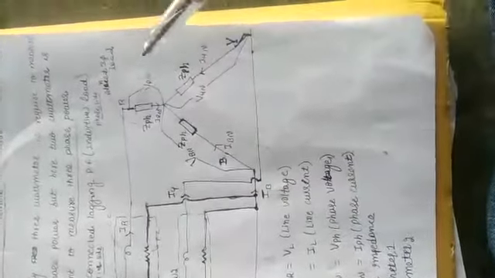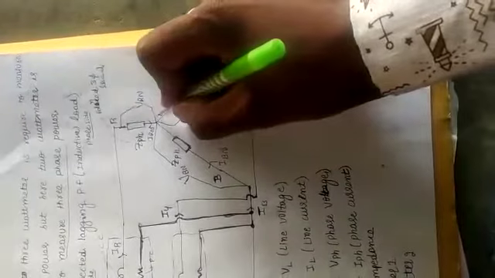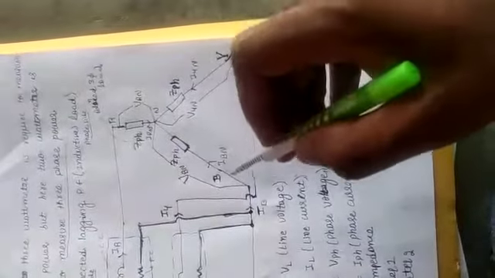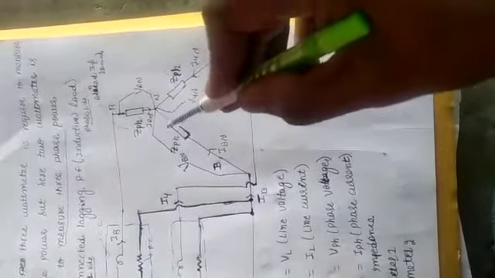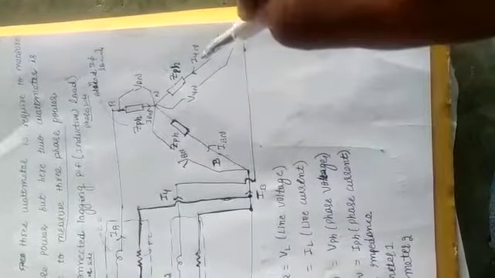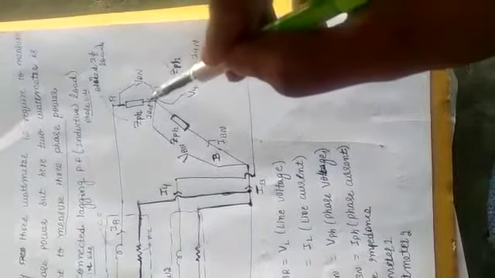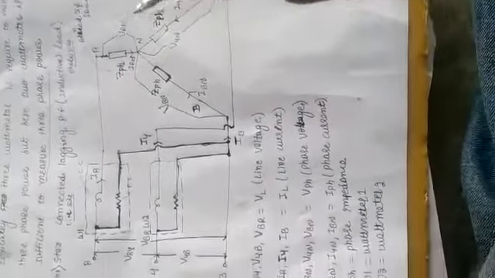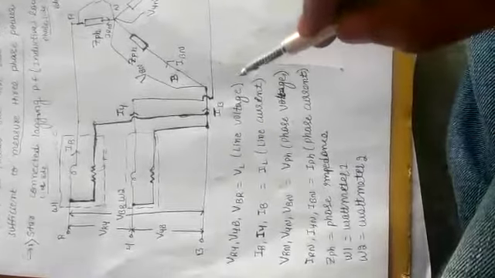The phase voltages are VRN, VYN, this is your neutral point N, and VBN. Phase currents are IBN, IYN and IRN. So those are the things I mentioned here.